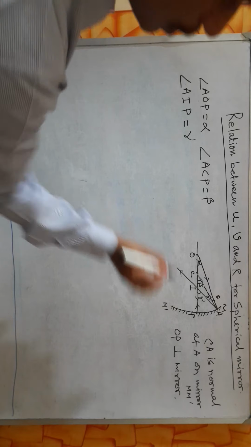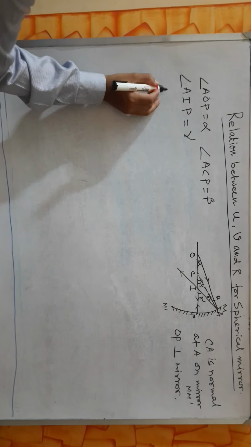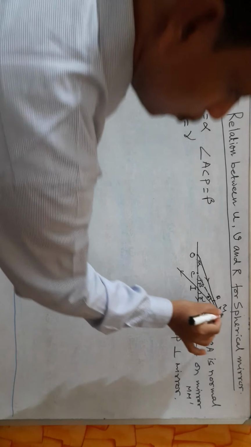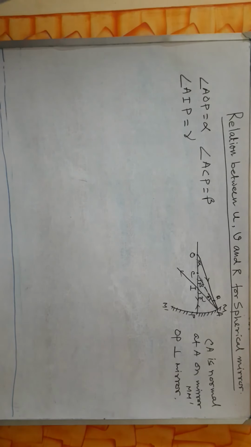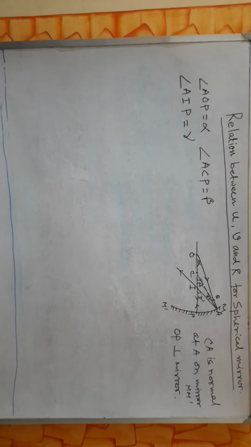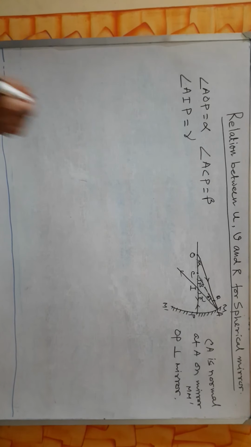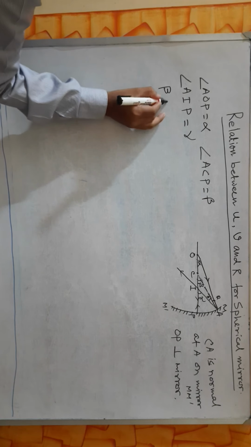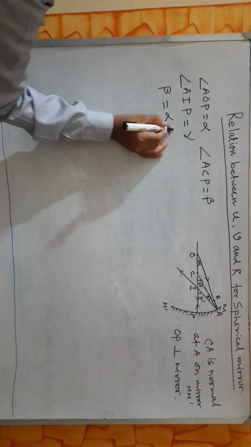The mirror aperture is very small, so point A is near the pole P. We can write the angle beta is equal to alpha plus theta.